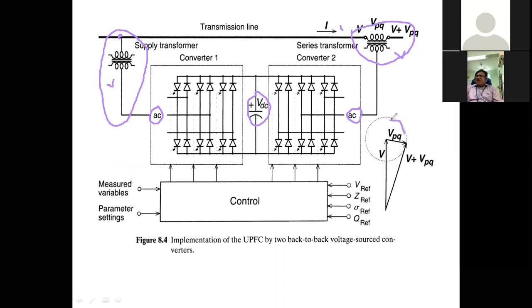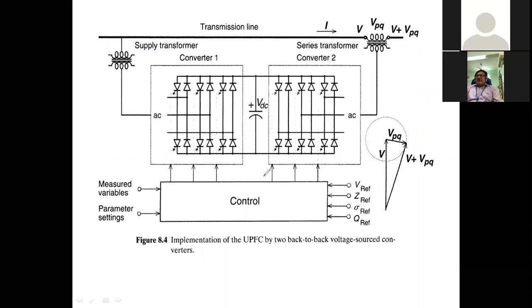How? Just by controlling the injected voltage here. So here the voltage VPQ is controlled from 0 to V maximum as far as the magnitude is concerned, and the voltage phase angle is controlled from 0 to 360 degrees. So that is about some basics of UPFC.